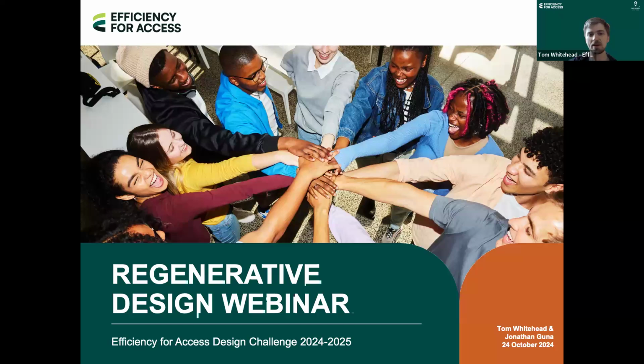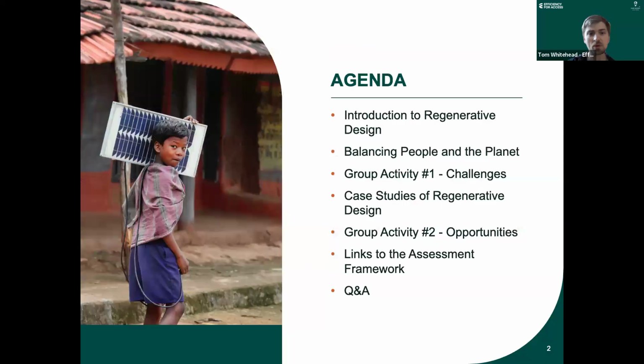If you can start to think in a regenerative way, you'll realize it's a journey. It's not something that you can ever fully achieve. There's always more that we can do here, but if you can start that journey now, it will really help you on this challenge. So what we're going to be doing is giving a brief introduction to regenerative design.